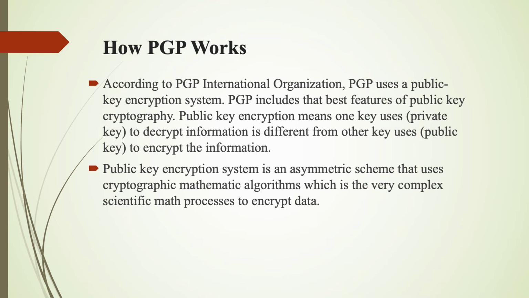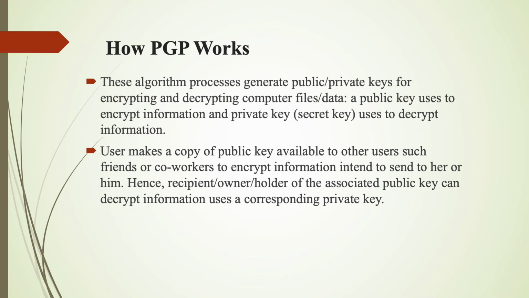A public key encryption system is a system that uses a cryptographic mathematical algorithm, which is a very complex math process, to encrypt data. This algorithm process generates public and private keys for encrypting and decrypting computer files and data. The public key is used to encrypt information and the private key is used to decrypt information.